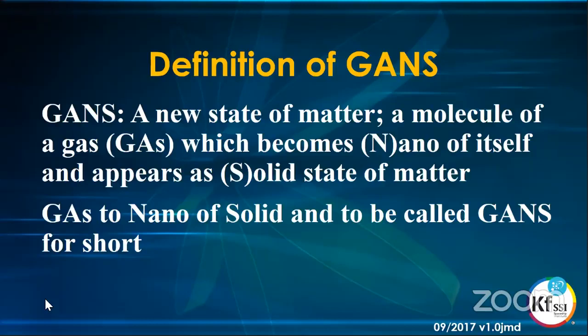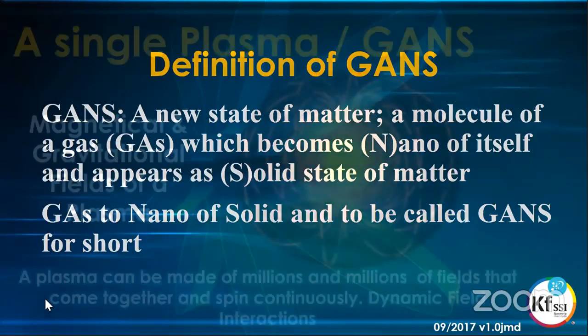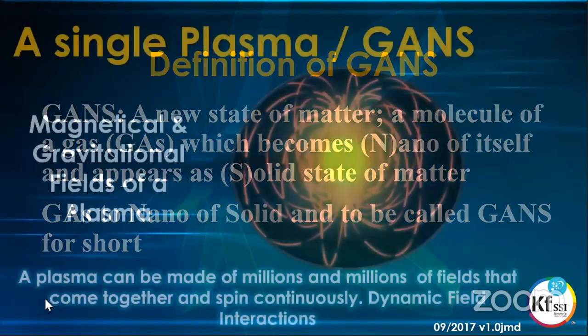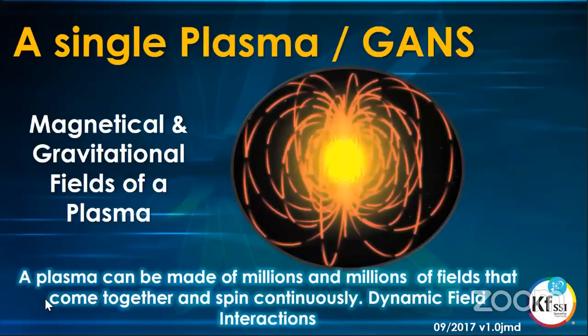So it's a gas to nano of solid, which we call GANs for short. A single GANs or single plasma has magnetic and gravitational fields, and your plasma can be made up of millions and millions of fields that come together and spin continuously. So it's your dynamic field interaction, which we explained earlier.